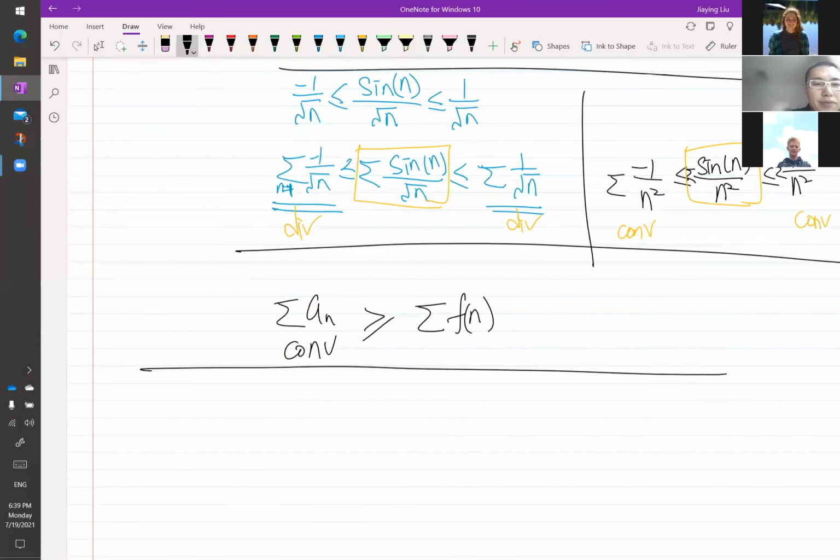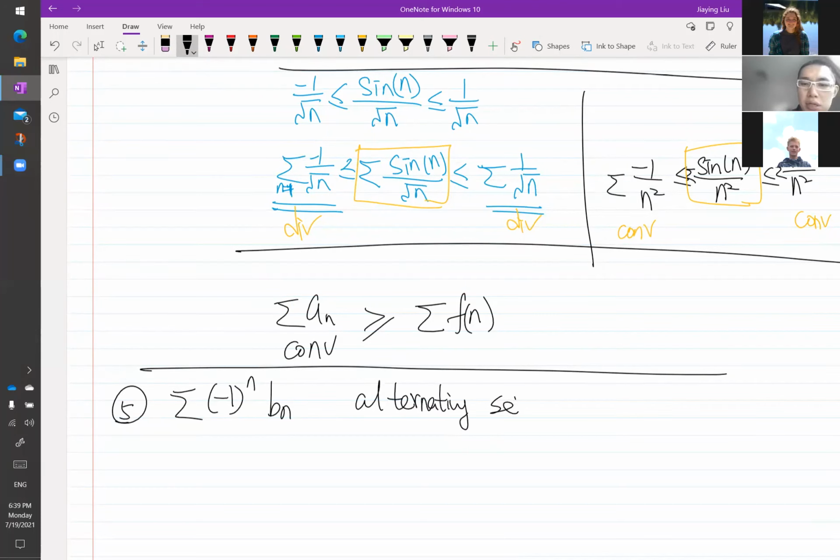And the fifth type: if you have a -1 raised to the power of n times bn, or -1 raised to n plus 1 or n minus 1, this tells you it's an alternating series. So you probably want to consider using the alternating series test.